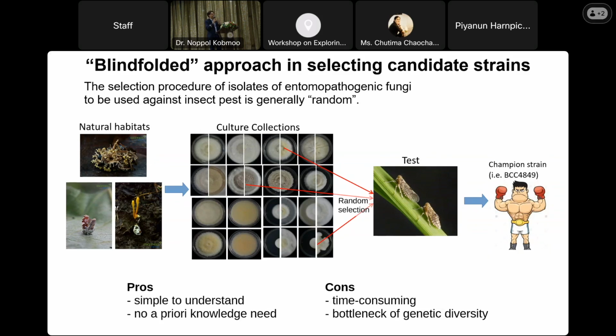You have a big collection, but you have no choice but to pick them up randomly and try to test them with some knowledge of the taxonomic group, etc. You can better target, because you know that, okay, Metarhizium and Beauveria would be more probable to be able to infect insects than other species or genera that have been found to be really specific to some insects.